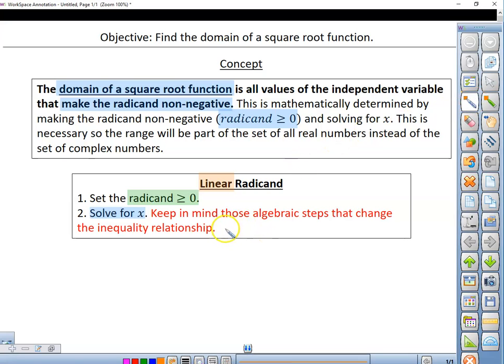When you multiply or divide both sides by a negative number, then you have to switch the inequality symbol.